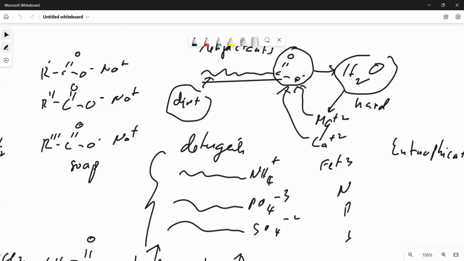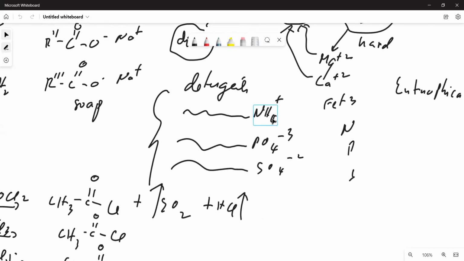That's why new types of surfactants are synthesized in which the carboxylic acid group is replaced by functional groups like ammonium ion, phosphate ion, sulfate ion. We call these detergents, like Ariel, Tide, Breeze. Those are detergents, and they have an advantage because you can use hard water.